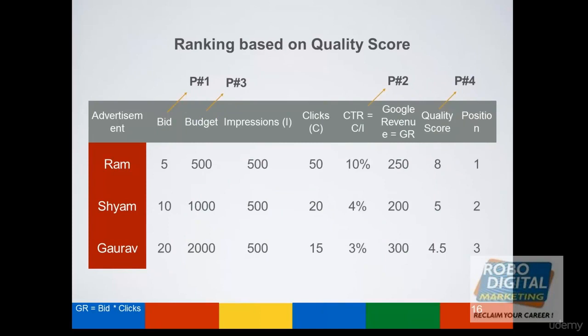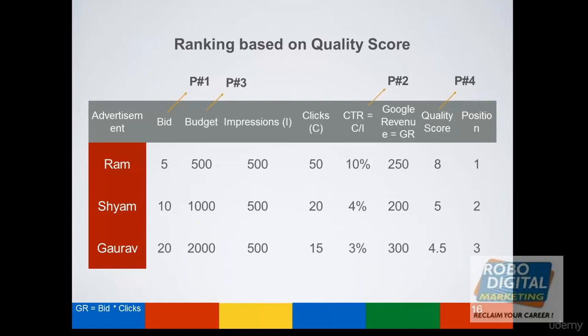And there is a fourth thing, that is quality score. I will be telling you what the quality score is and what its components are. Ram is getting a quality score of 8, Shyam 5 and Gaurav 4.5.